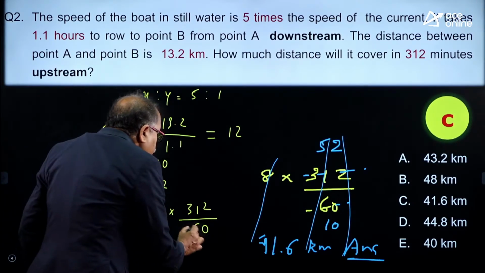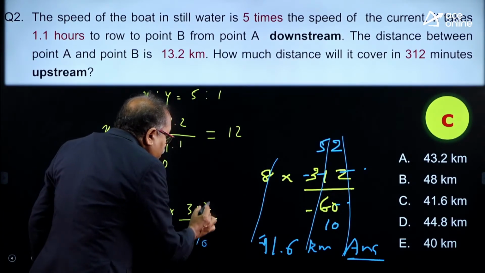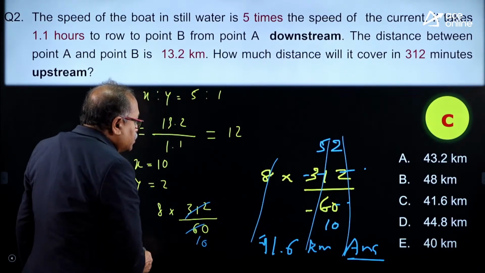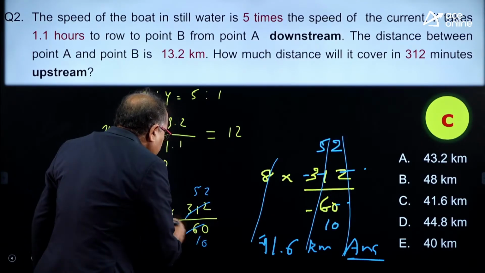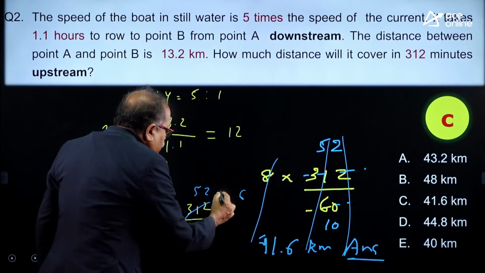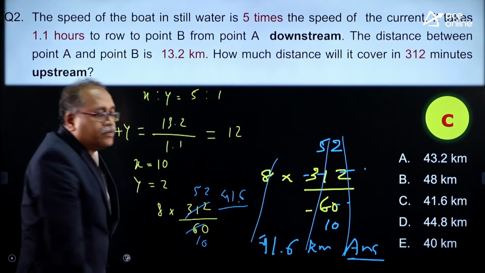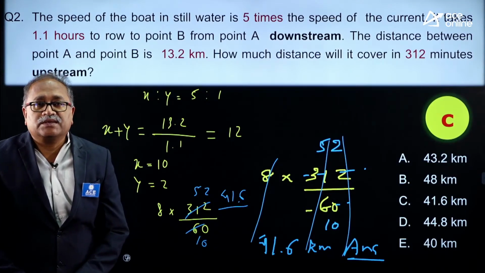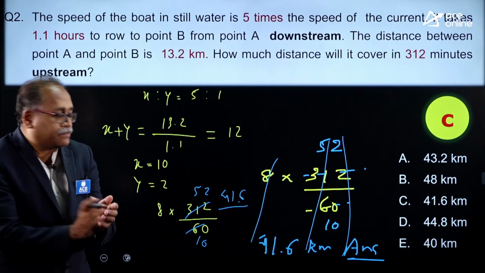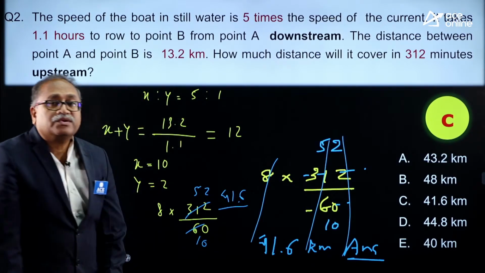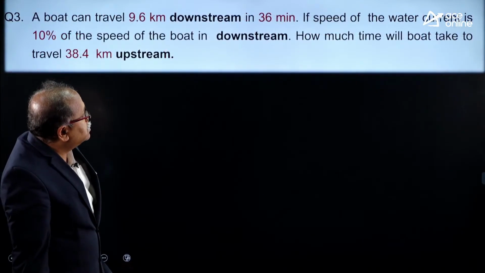Let us cancel this one, and with 6 10 times, and with 6 this goes 52 times, and then 8 times 6 is 48, 8 times 52 is 416, and the decimal is there. So, therefore, 41.6 is your answer. Beautifully answered the question, Mr. Pawan. I am moving on to the next question.